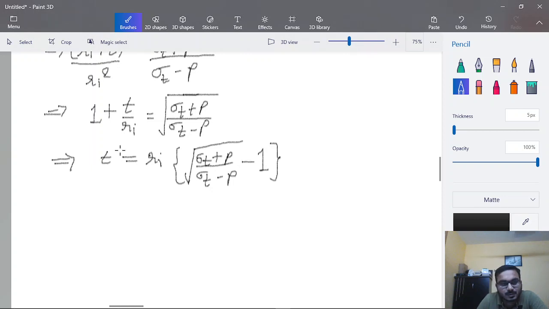So this is the value of thickness for a brittle thick cylindrical shell.